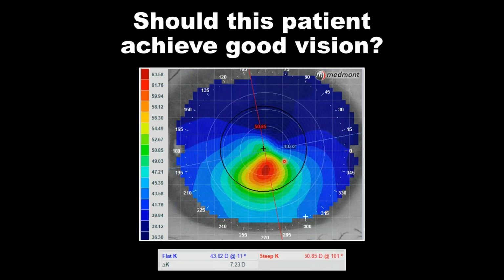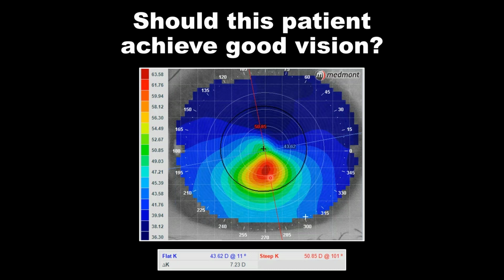How about here? And of course, K readings tell us that we've got a fairly irregular eye. The flat K, very normal, 43.62, or about 7.7 millimeters in radius for those of you thinking mils. But the steep meridian, very high at almost 51 diopters. So clearly a steeper cornea, and the topography is saying the K readings are indicating a corneal astigmatism of 7¼ diopters.